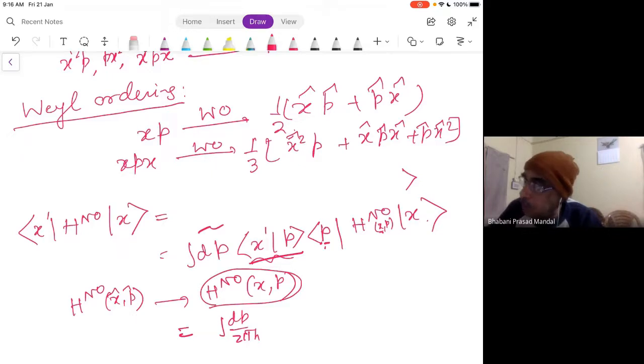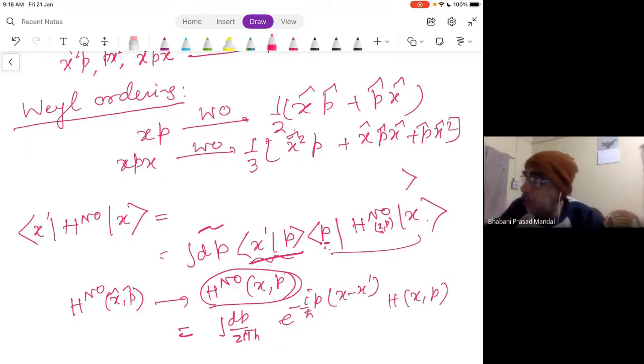This is not an operator, it will come out, then you will have this inner product, so root 2 pi h-bar and e to the power minus i over h-bar p (x minus x prime). Okay, and H now of x, p.